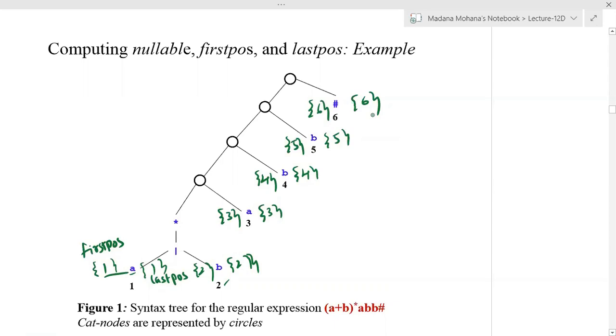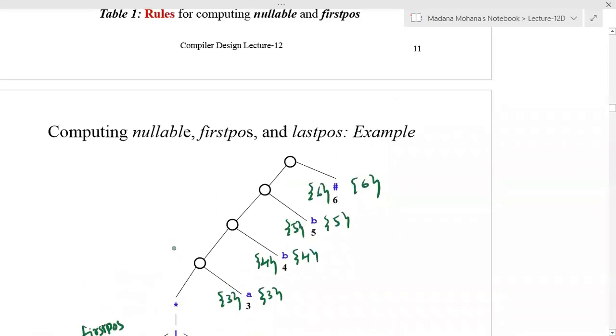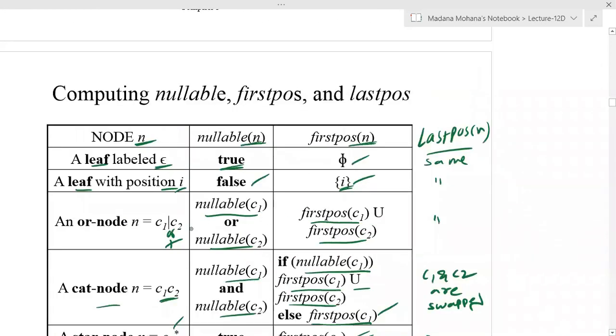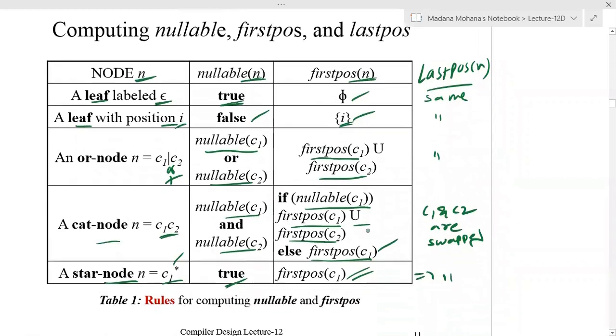Now take other nodes. Here we have the R node. For the R node, what is the formula? Let us see. For the R node, the first position value is calculated as the first position of child 1 union first position of child 2.